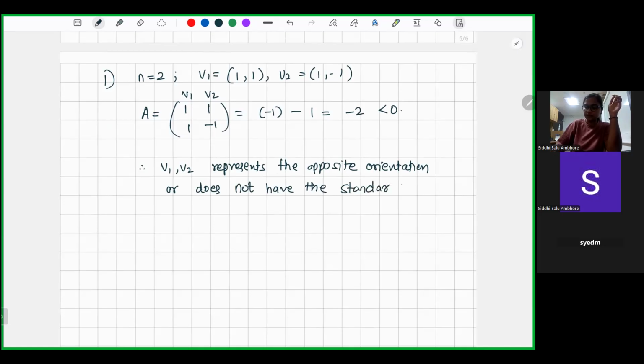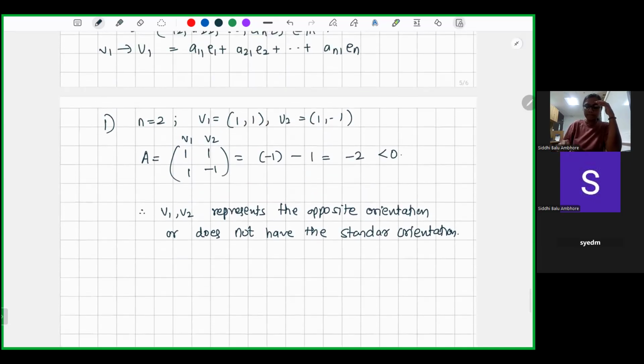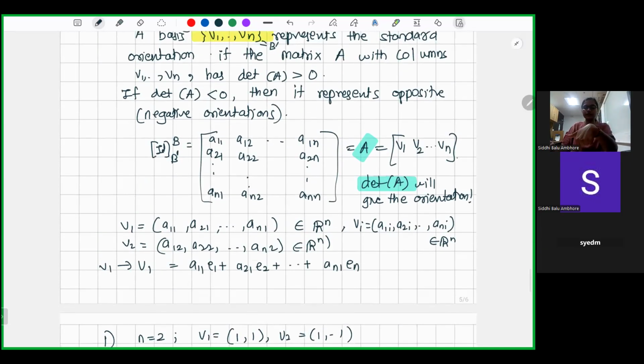Okay, and see that here it does not matter if we go from B to B dash or B dash to B. It won't change much, because if we go from B dash to B, it will be the inverse of this matrix, right?